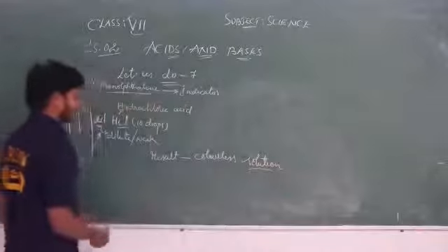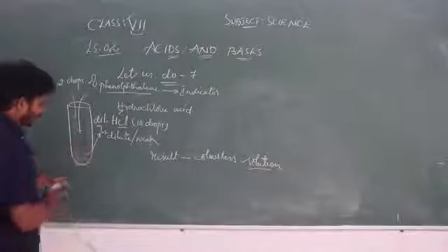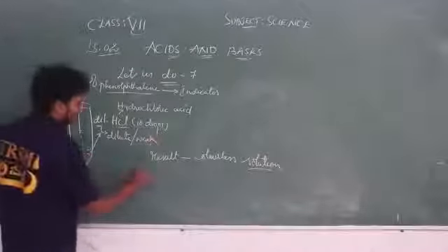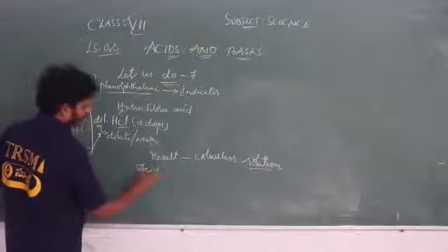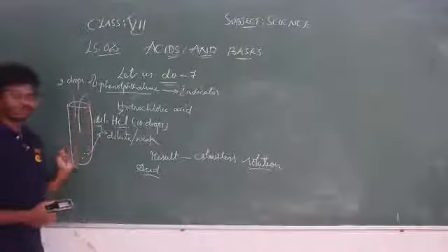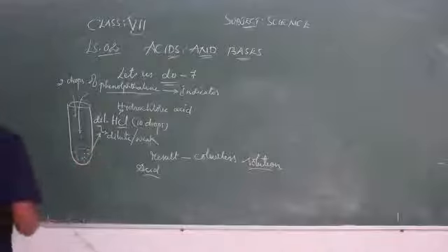So by this we can say the chemical which you have taken inside is acidic in nature. It is an acid. When you add phenolphthalein, it turns colorless if it is an acid.